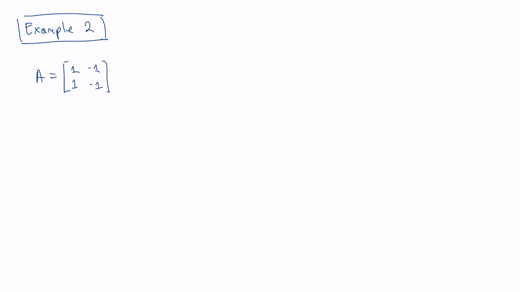This is an example of a matrix which is not diagonalizable. So this A is not diagonalizable. Now, I can give you a bunch of rules on how to decide if a matrix is diagonalizable or not. But really, what determines whether a matrix is diagonalizable or not has to do with whether or not you can find enough eigenvectors.